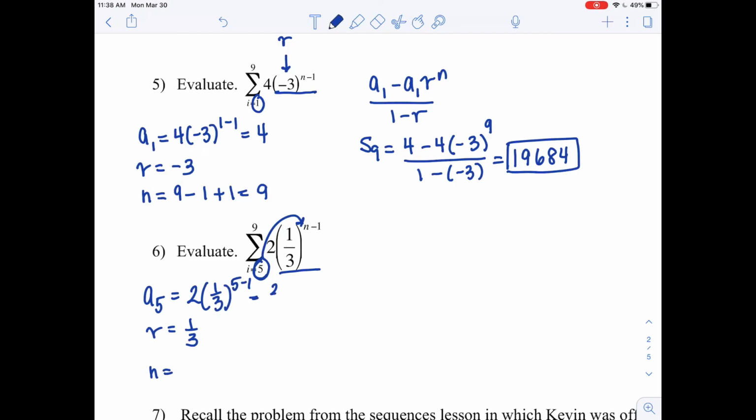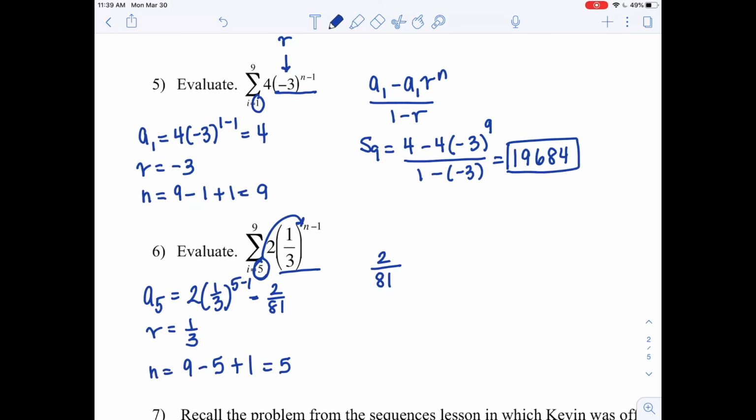So I'm doing 2 times 1/3 to the 5 minus 1. When I work that out, use your graphing calculator, use math_frac, you'll see that comes out to be 2 over 81. My n value comes from the top bound of sigma minus the bottom bound of sigma plus 1. Don't forget that plus 1. That's where most people make a mistake, and that tells you that you're adding 5 terms together.